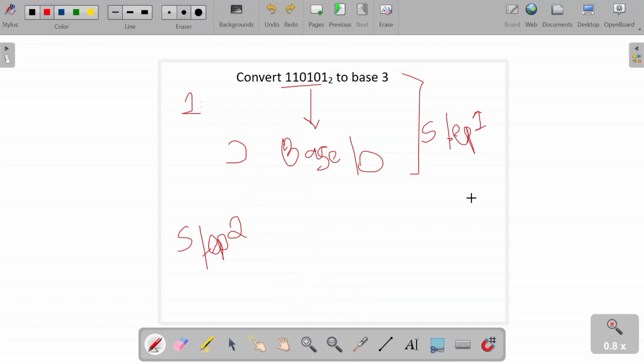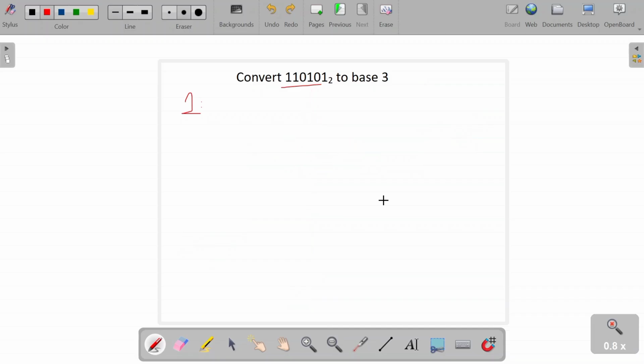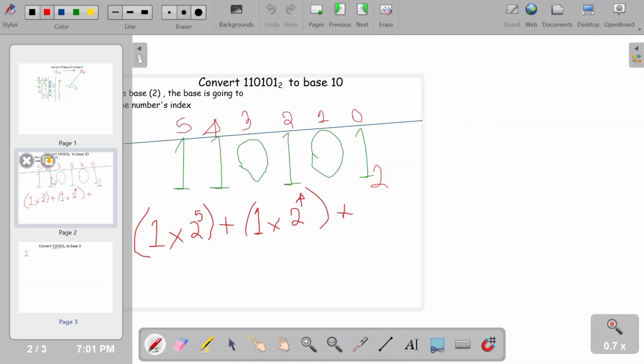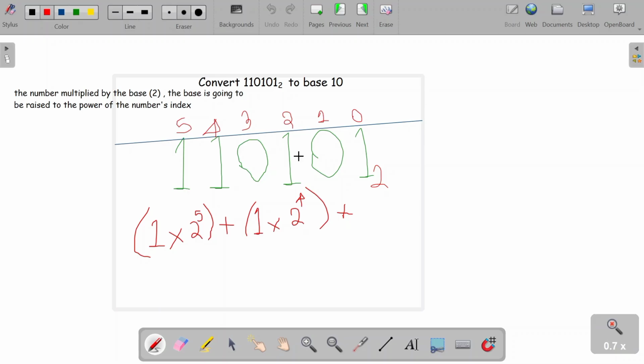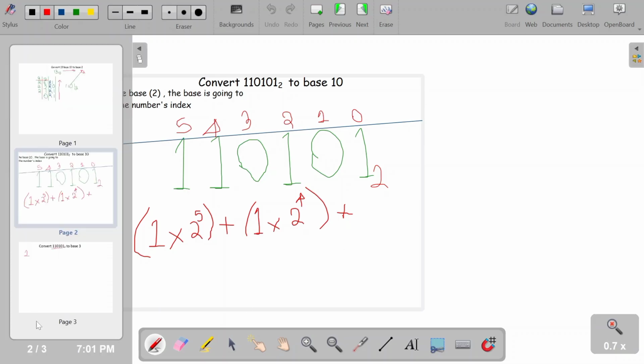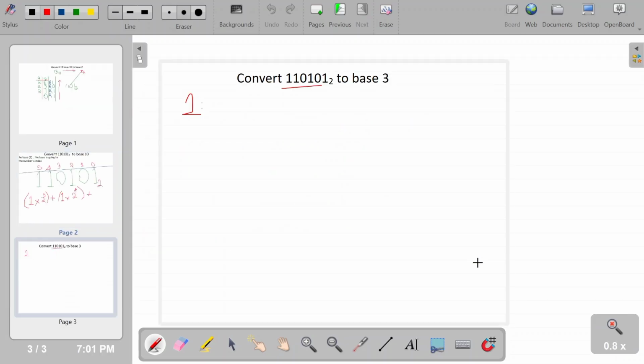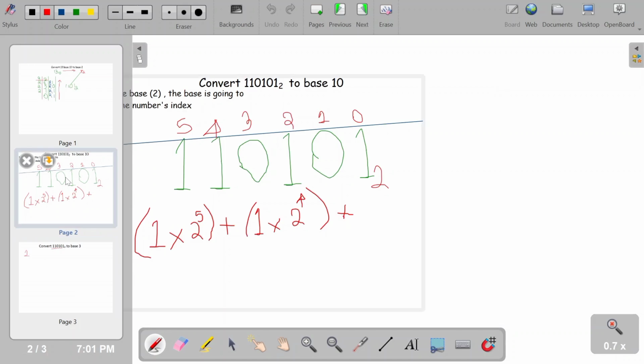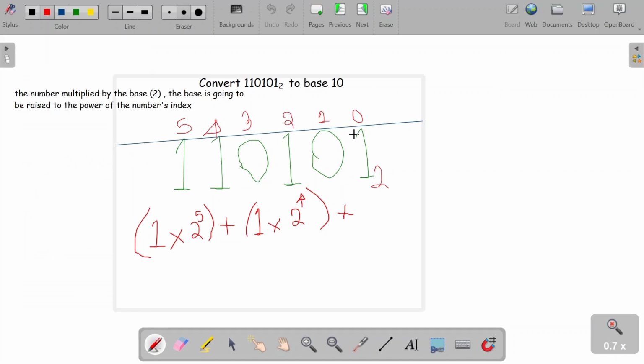Let me clear up the page. We've already done step 1 in the last example we treated, but let me bring it out again. Remember, we first write out the indexes on each of the numbers.